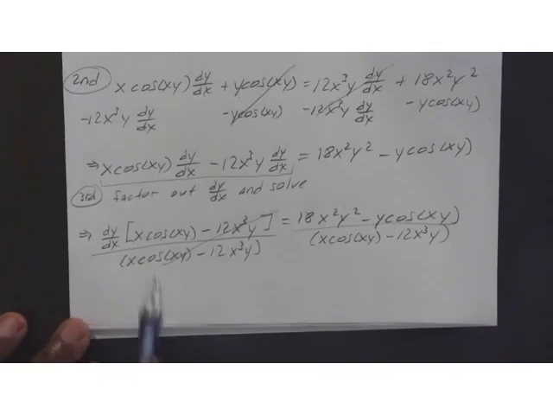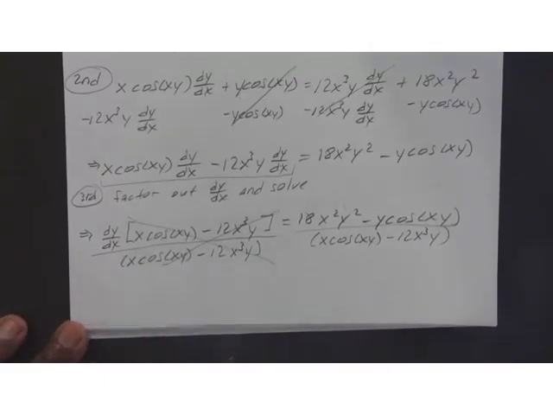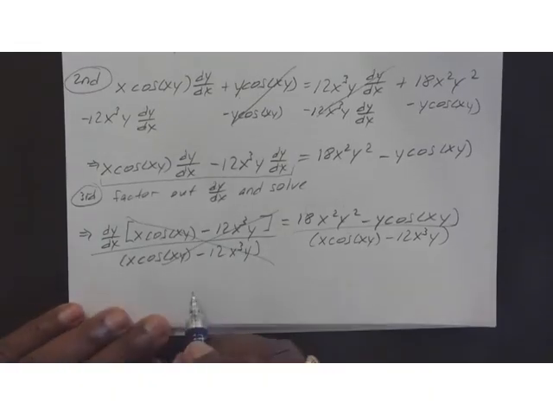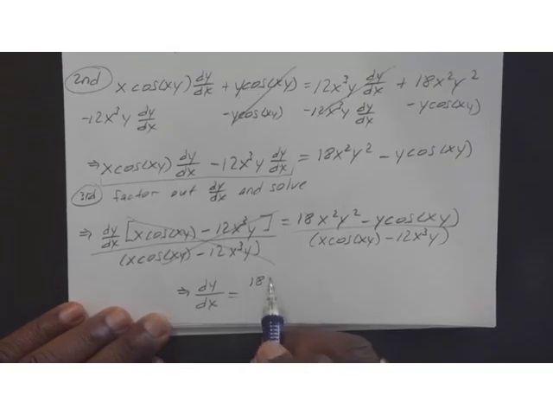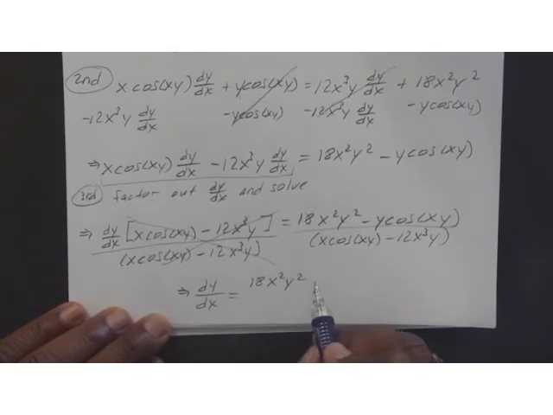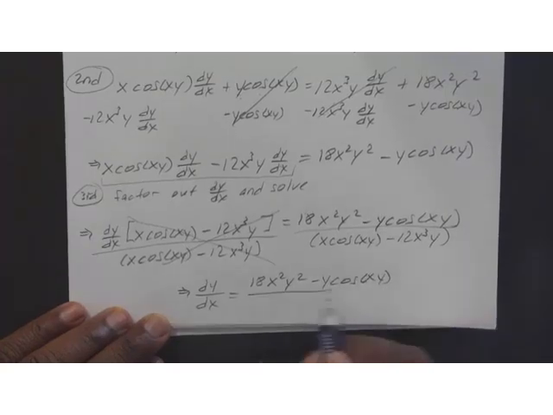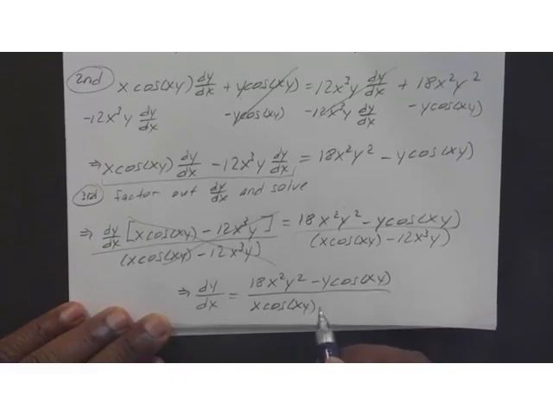So those two cancel each other out. Those whole things. So finally, we know that our dy dx is equal to 18x squared y squared minus y times cosine of xy divided by x times cosine of xy minus 12x to the third times y.